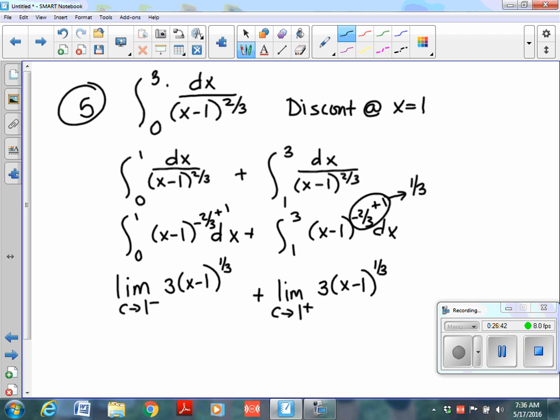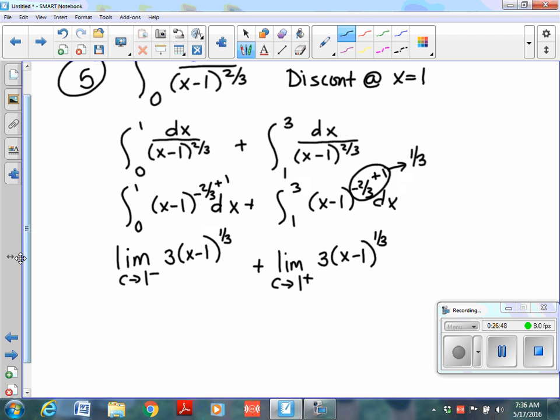Okay, so if you put 1 in there, as you're approaching 1 from the left, you are going to integrate. I just did that from 0 to 1. This one you're going to integrate from 1 to 3. So you're going to plug 1 in here.